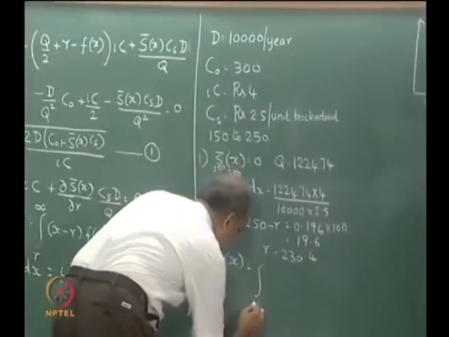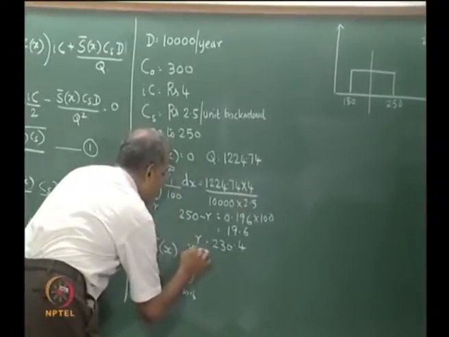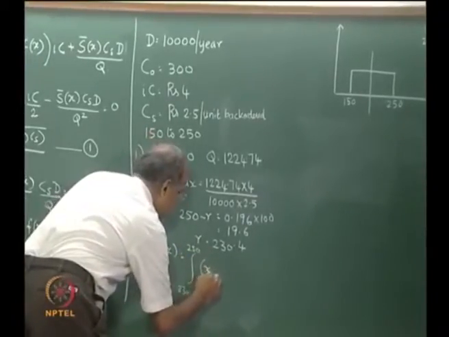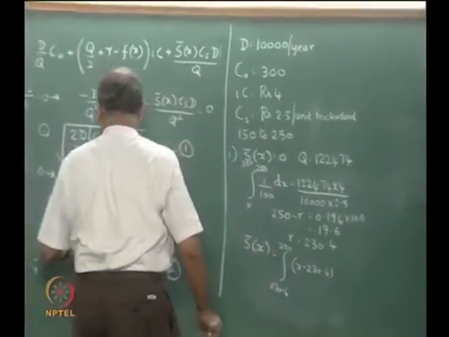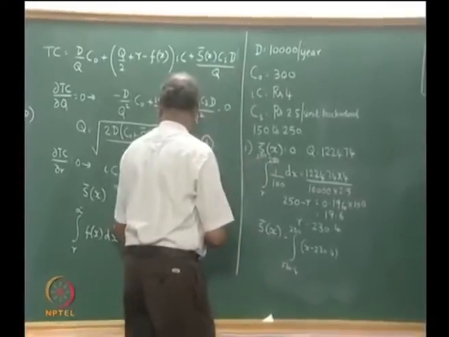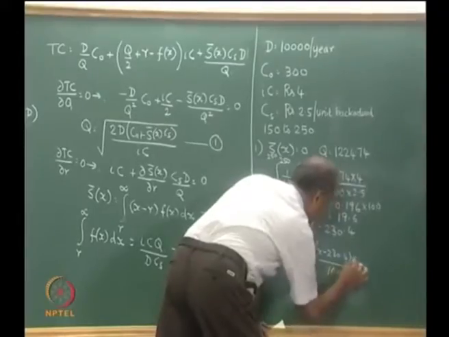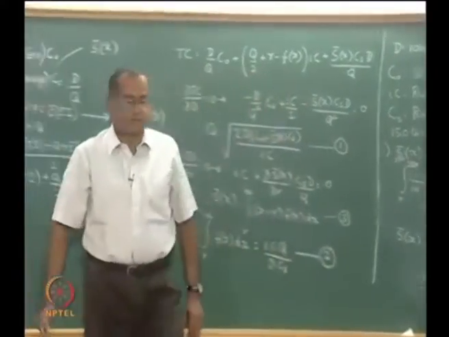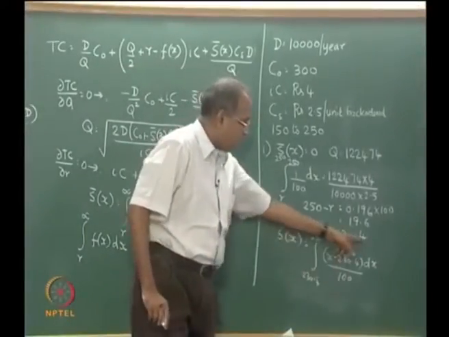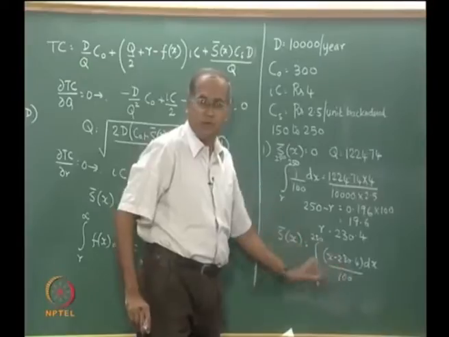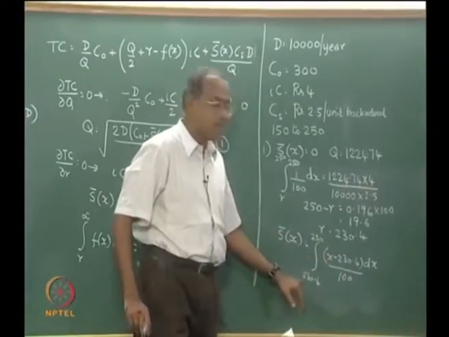So, R is 230.4, the integral from 230.4 to 250, of (x minus 230.4) times 1 by 100 dx. So, this would give us (x minus 230.4) the whole square divided by 2 into 100. On the upper limit it is 250, on the lower limit it is 230.4.